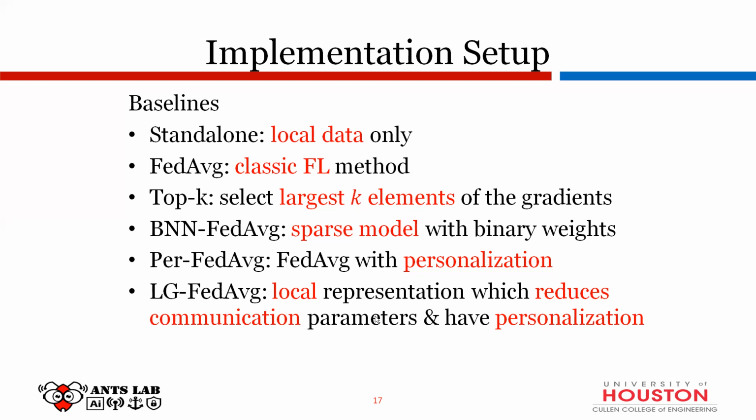Okay. Yes. All right. So for the last one, what do you mean by the local representation which reduces communication parameters? Because you do it in a local place. In the global setting, you have the global models, but you do the local representation locally.